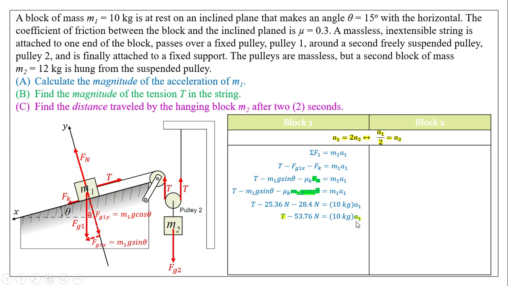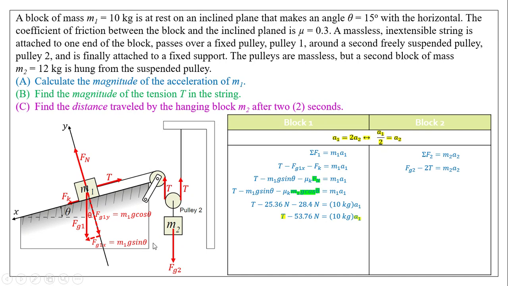All right. Part A asks you to find the magnitude of a1. Well, I need to find a1, but I don't know what T is, which is okay. As you can see, if you set up the physics now for m2, it has two T's in here, which will allow us to get rid of T. Here, I'm going to set up the physics for m2 or block 2. The net force on block 2 is equal to mass 2 times acceleration a2.